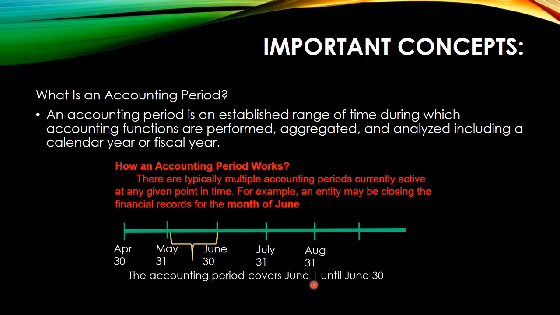Not to the next accounting period, not to our previous accounting period, but to our current accounting period. So we make sure that our income and expenses have the correct amount, the same with our assets and liabilities. We have to make sure that whatever we record is the accurate and correct amount.